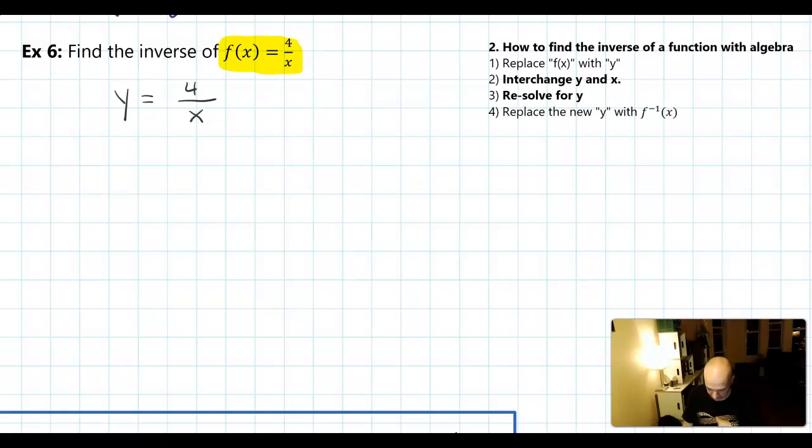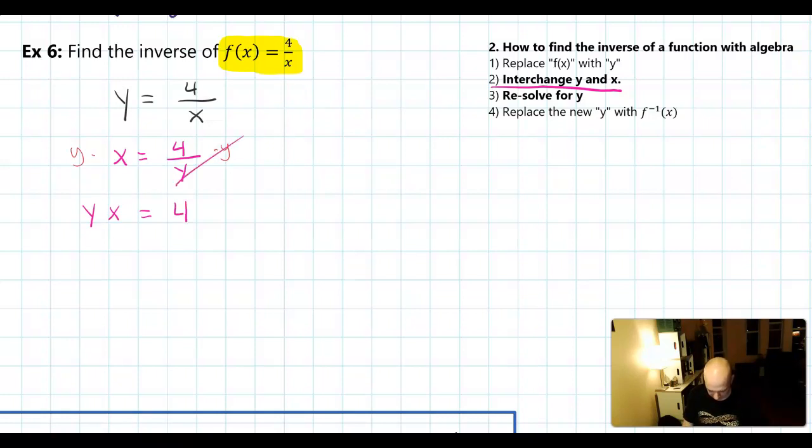Second step, we're going to interchange x and y, switching colors. So I'll have x equals 4 over y. Now I need to solve this again for y, but y over here is on the bottom of a fraction. So to clear that out, let's multiply both sides by y and rewrite. So we have yx equals 4.